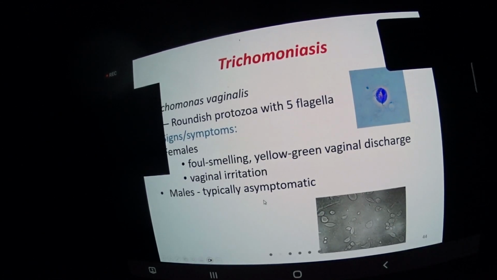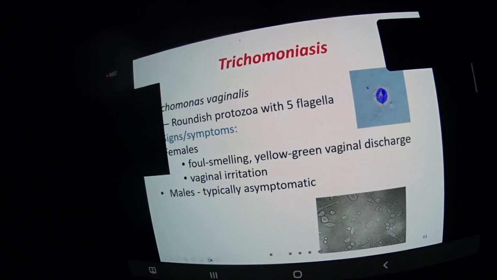Males are pretty much 100% asymptomatic, and they don't feel it, so they don't report it. In females, however, it is most of the time 100% symptomatic. They have a foul-smelling yellow-greenish discharge with severe vaginal irritation.